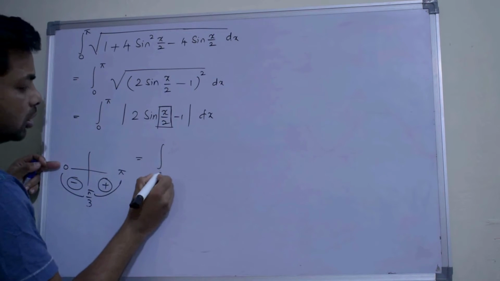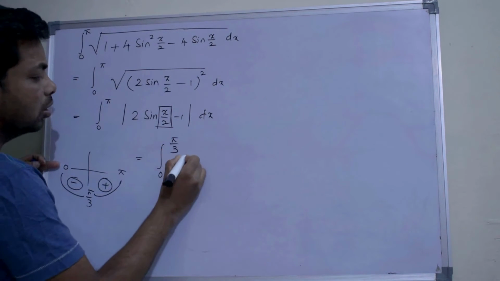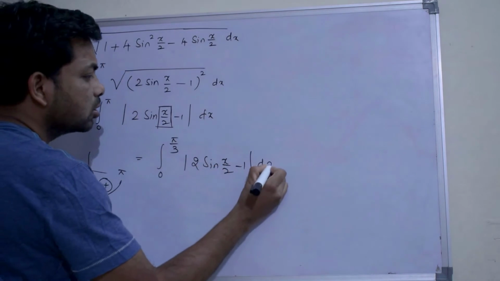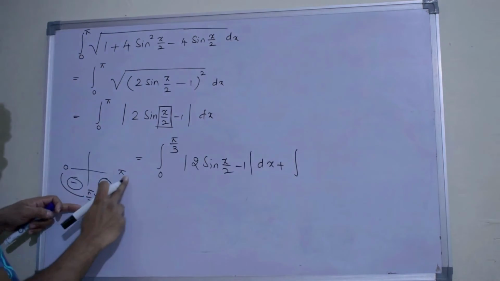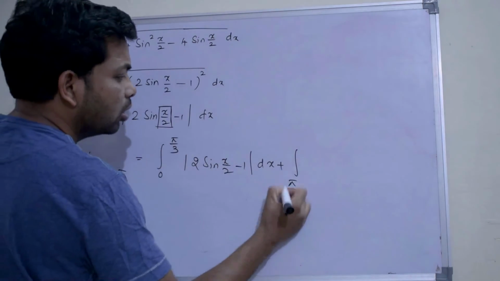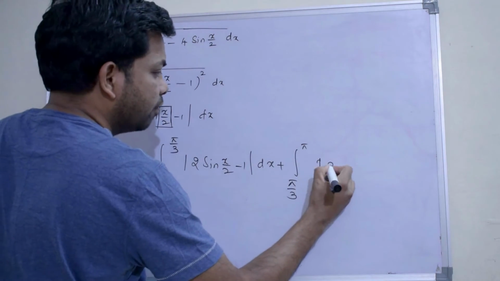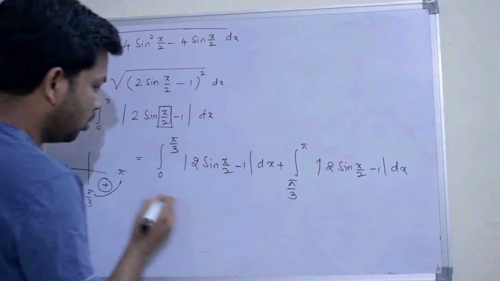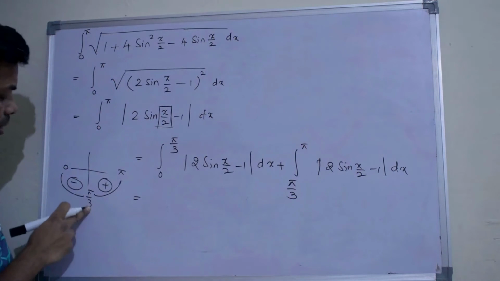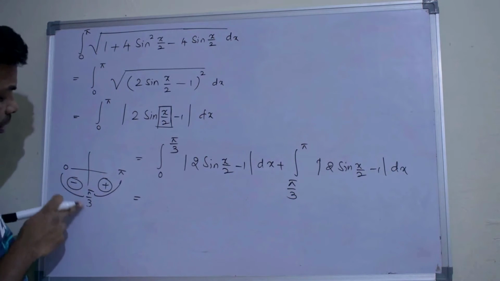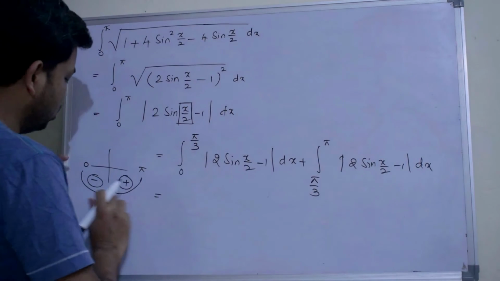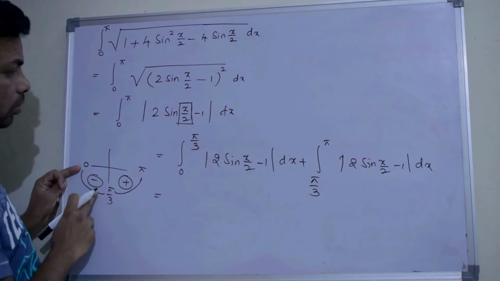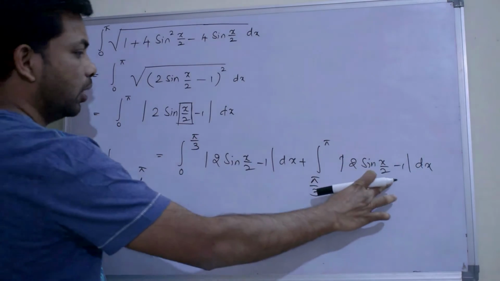So this is equal to integration 0 to pi by 3 modulus of 2 sin x by 2 minus 1 dx, plus integration of the other interval, pi by 3 to pi, modulus of 2 sin x by 2 minus 1 dx. In 0 to pi by 3 it is negative and in pi by 3 to pi it is positive.